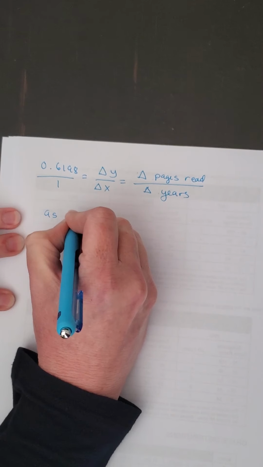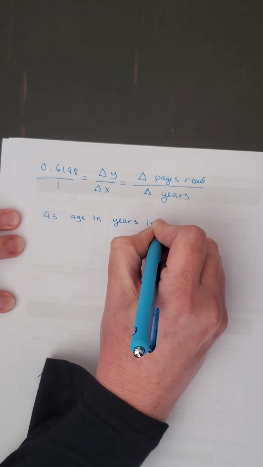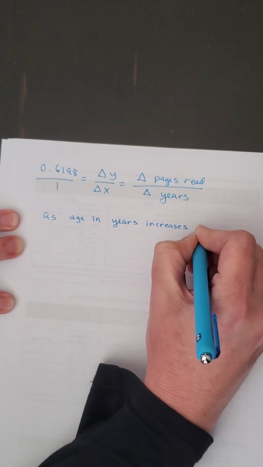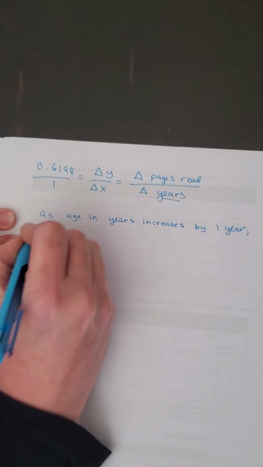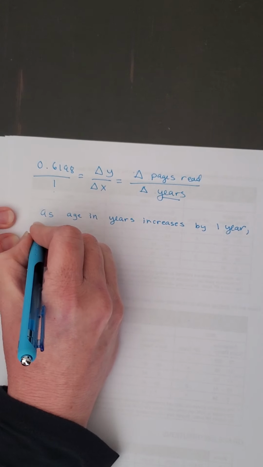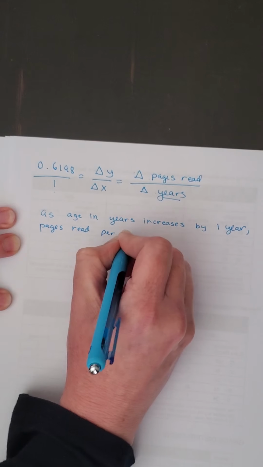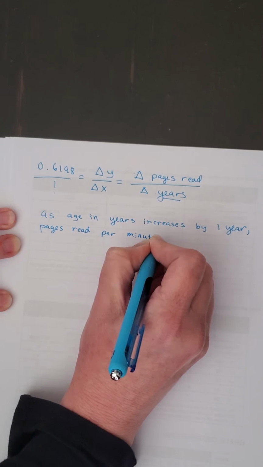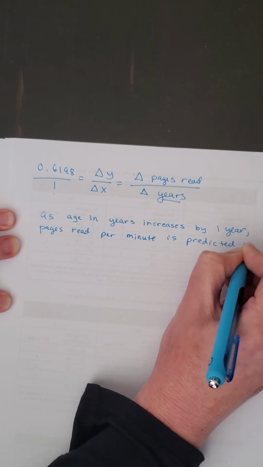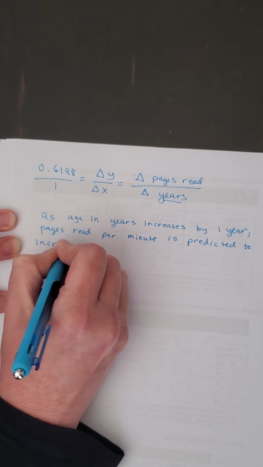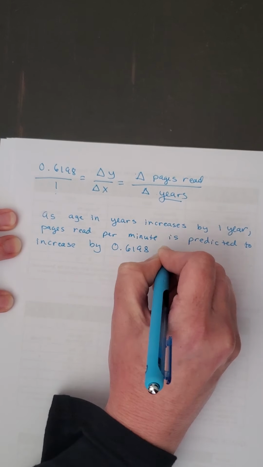As age in years increases by 1 year, pages read per minute is predicted to increase by 0.6198 pages.